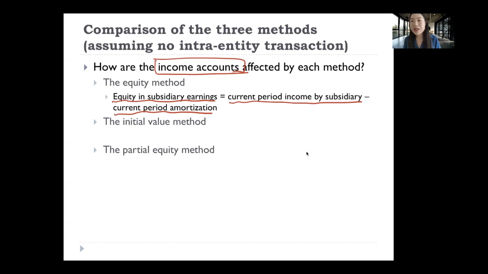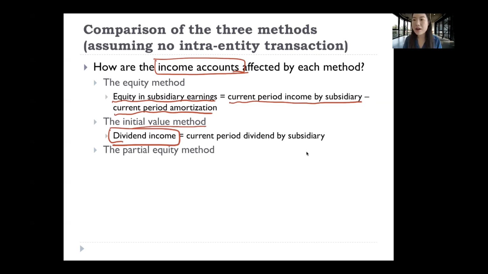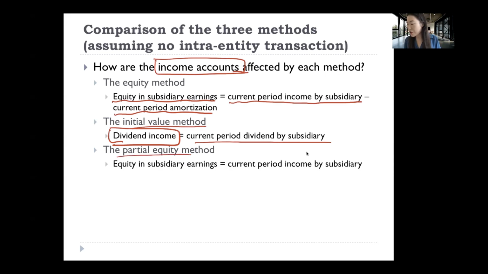So this is for the equity method, and for the initial value method, we don't have equity in subsidiary earnings. Instead, we have the dividend income, and the dividend income will be increased by the current period dividend by the subsidiary. As for the partial equity method, it is very similar to the first one, except that we don't have amortization here.